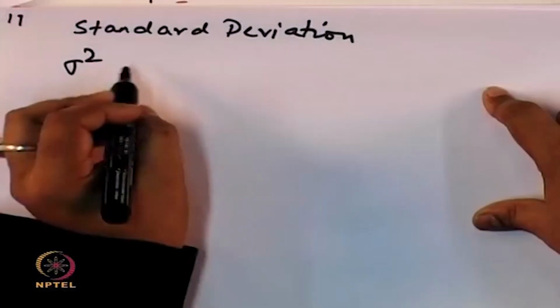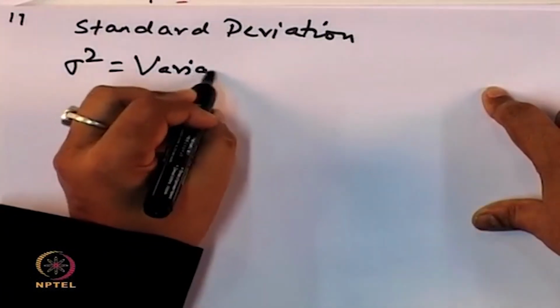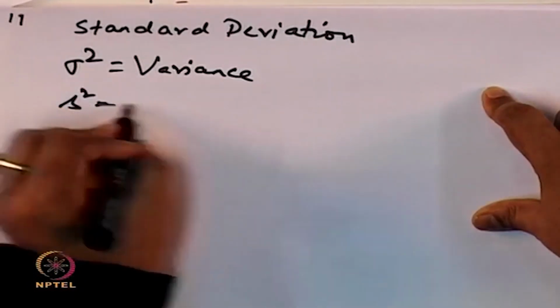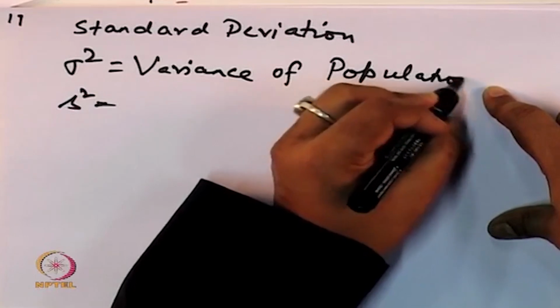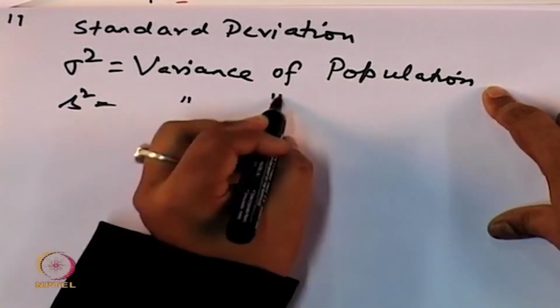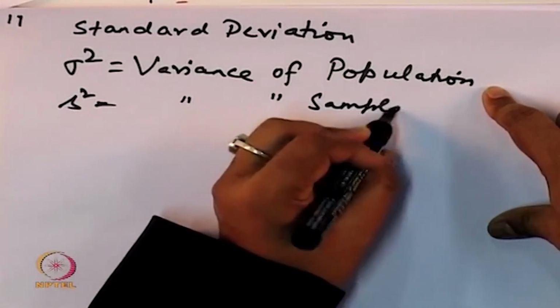And variance: sigma square is the variance of the population, and S square is the variance of the sample.